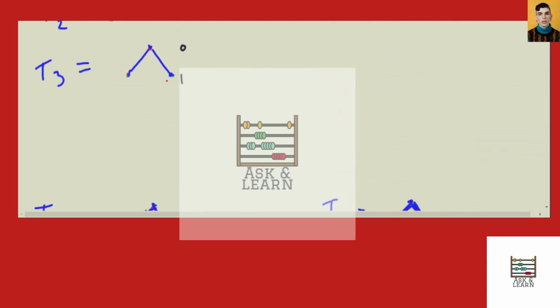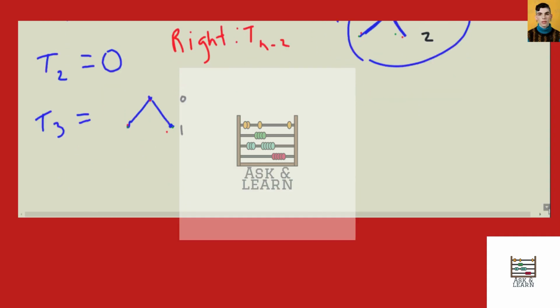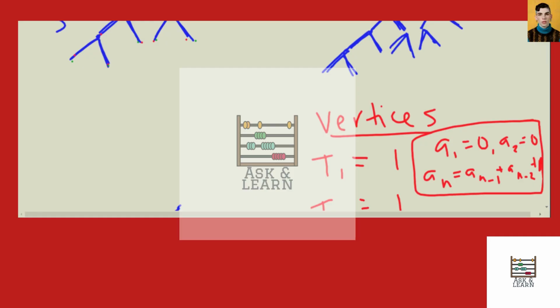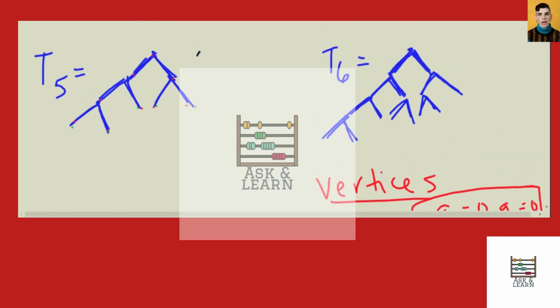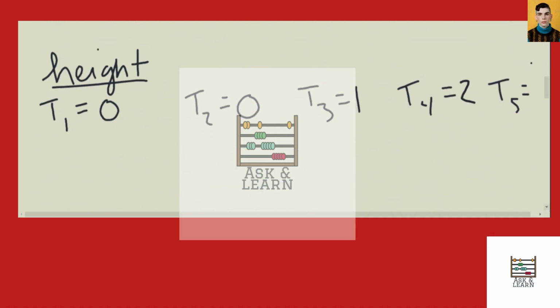If we go up to T4, this one has the 0 level, 1, 2, so it's going to have a height of 2. And then for T5, we have the 0, 1, 2, 3 levels. So T4 has a height of 2, and T5 has a height of 3. So if we look at this, it is just going to be n minus 2.